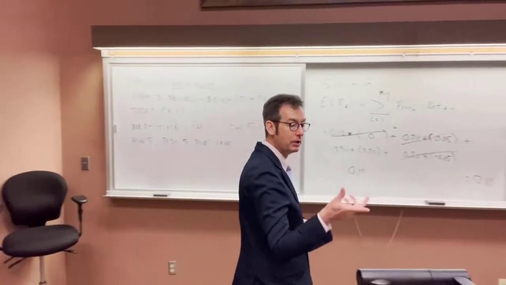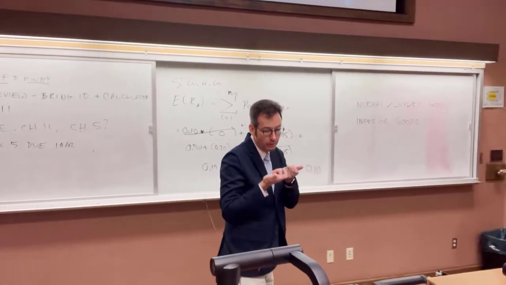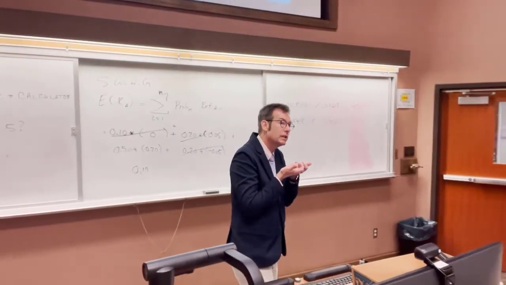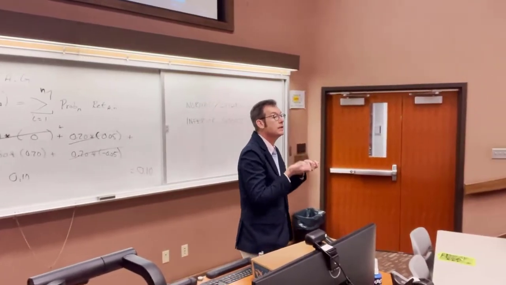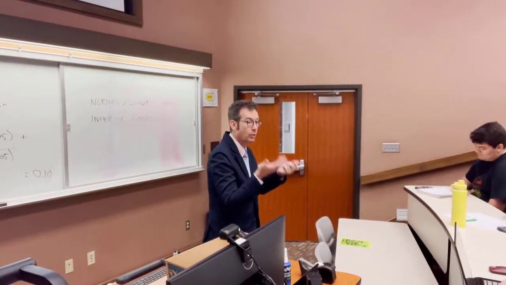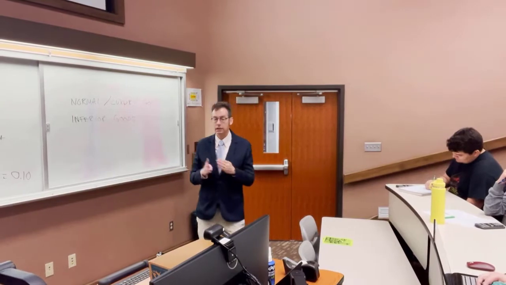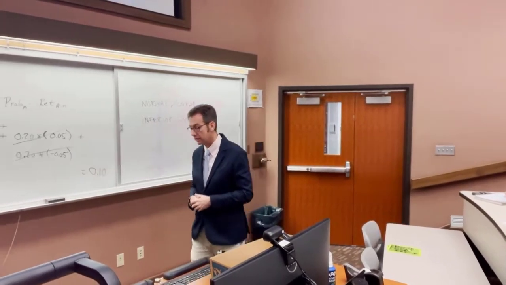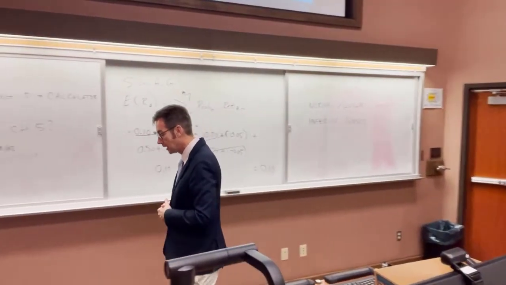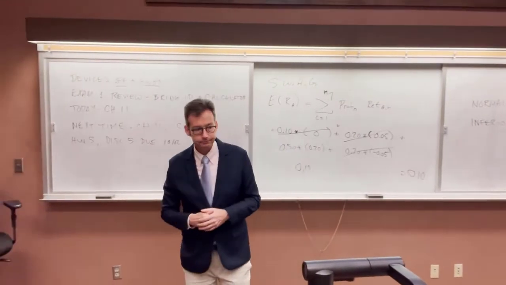Because if I were comparing SuperTech to SuperTech there, I would have negative 0.45 times negative 0.45, which is just negative 0.45 squared. And so if I do this covariance calculation comparing a stock to itself, that gives me variance. So variance is just a very special case of covariance.